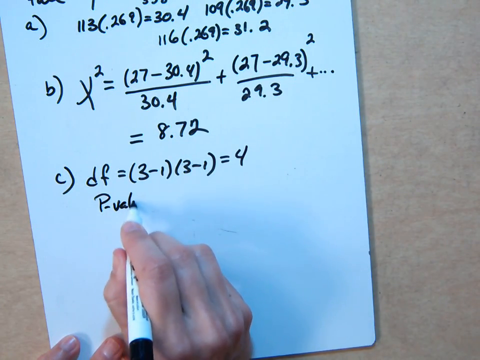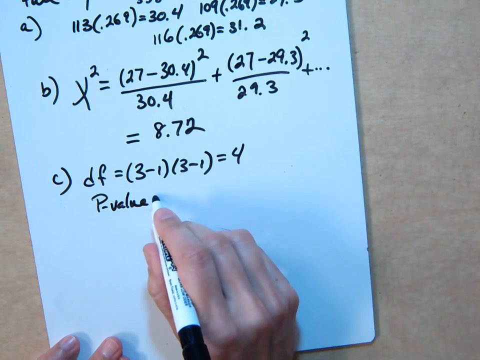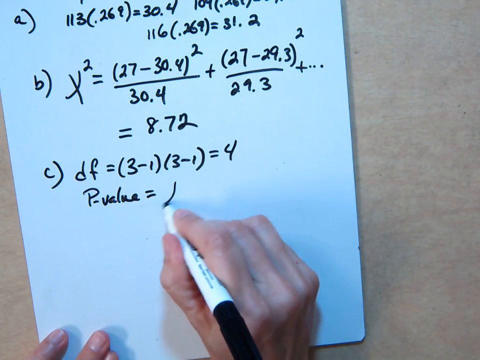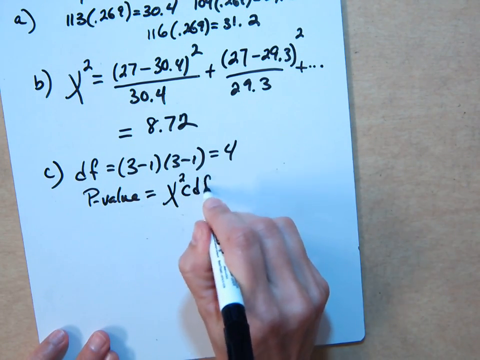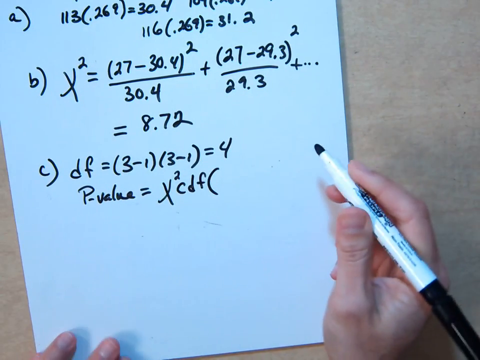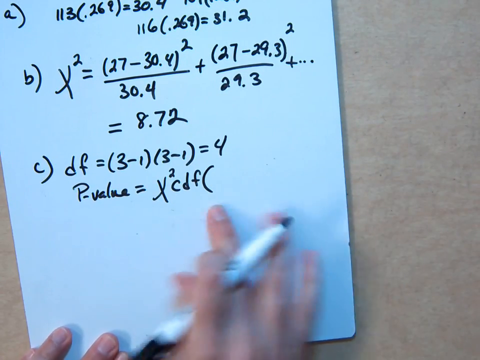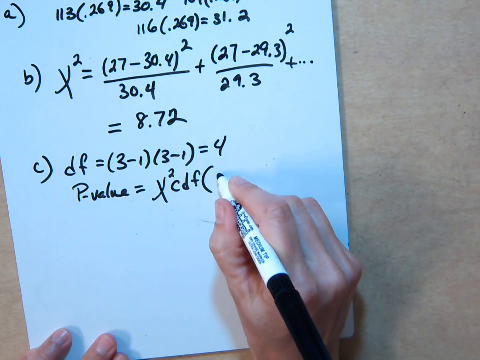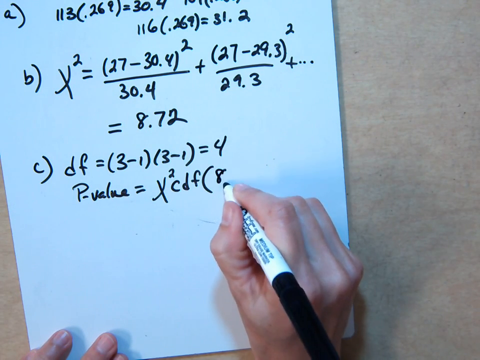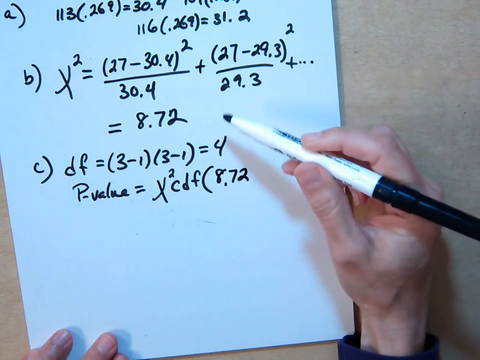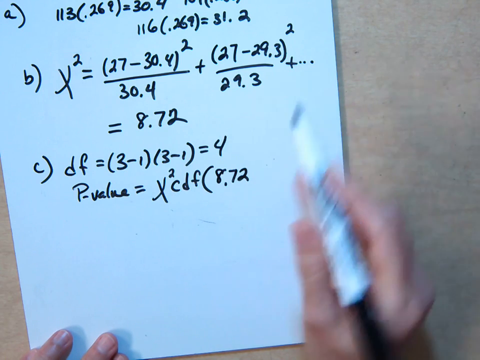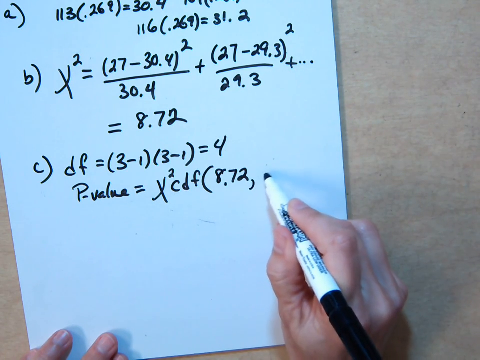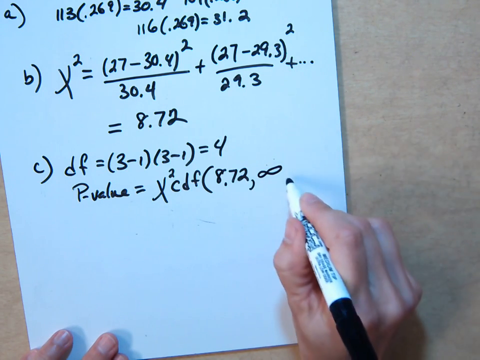The p-value, the most accurate way, is on your calculator. Do chi-squared CDF. And you don't need to worry about things being negative with this, which makes it much easier to work with. So from 8.72, which we calculated earlier, our chi-squared test statistic, to infinity, or some big number.